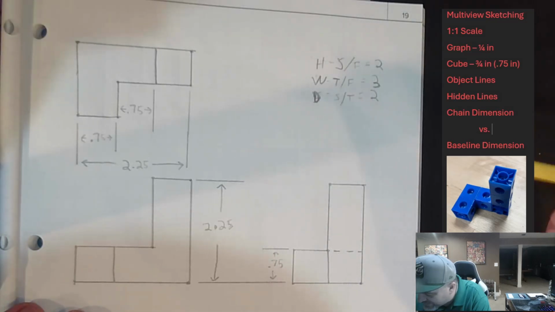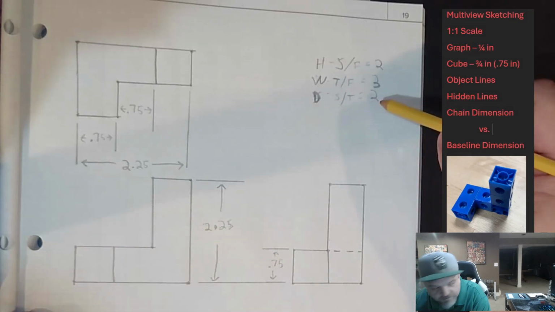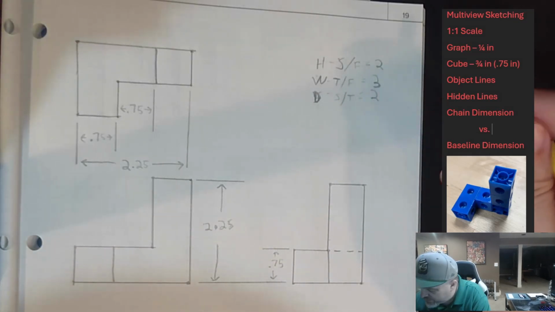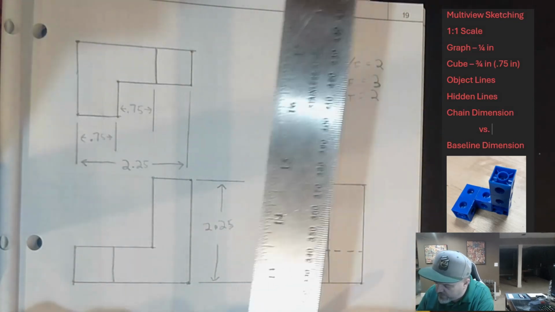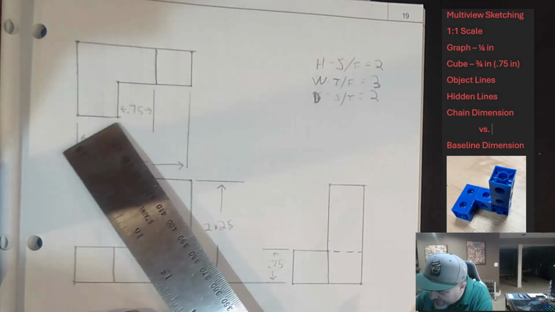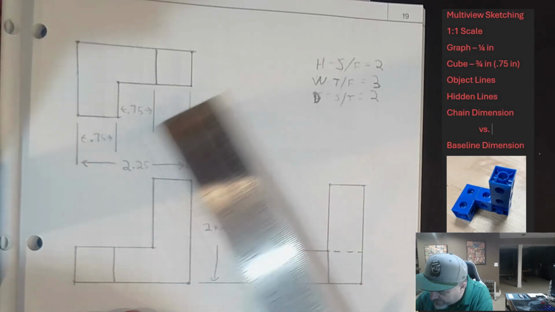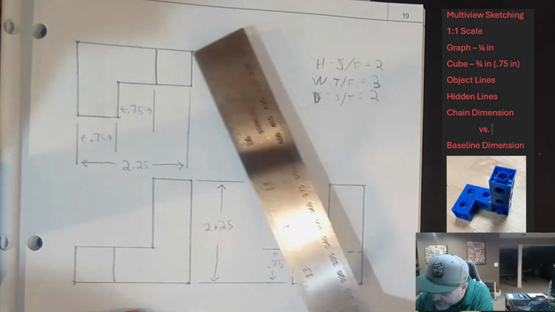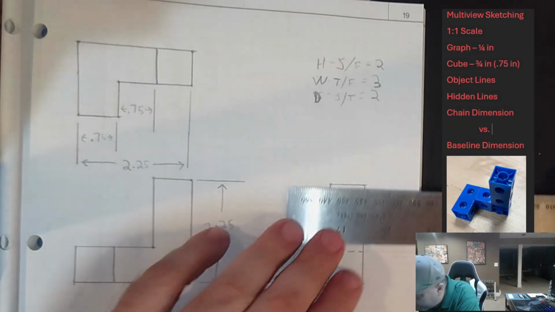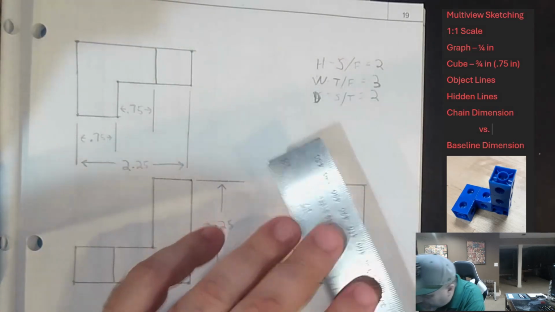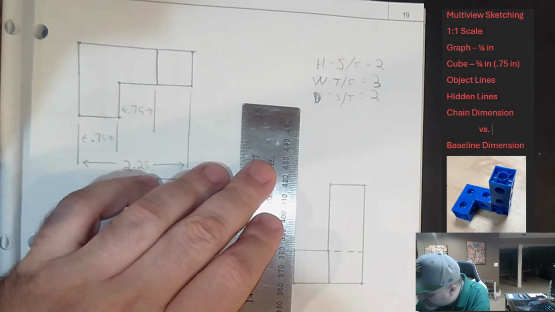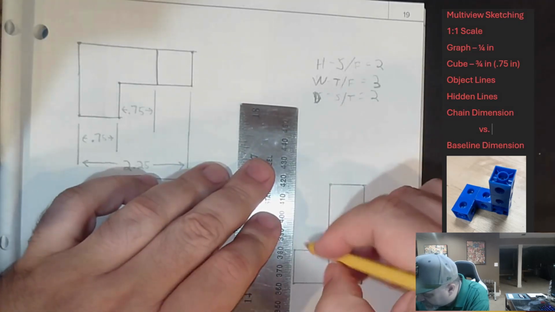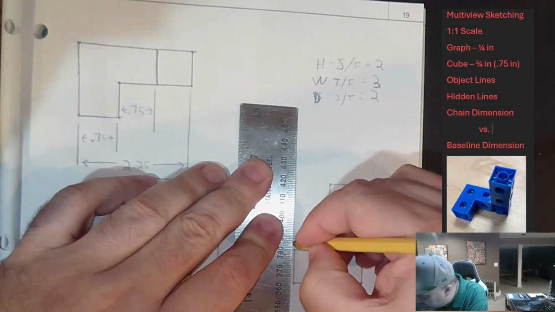And now, last but not least, we have our depth. So that is the side or the top. Since I've got my dimensions here already for width, it will get a little bit clustered if I do it here. So I'm actually going to go ahead and do it here off my side piece. That's right, Mr. McDonald just said side piece.